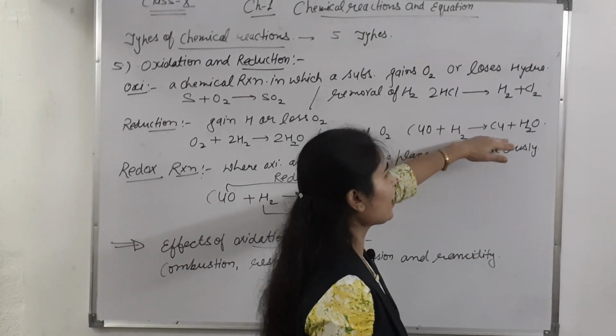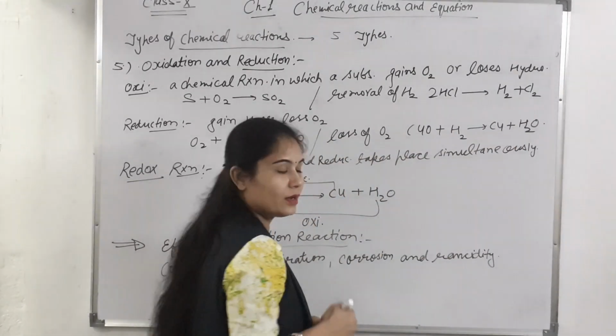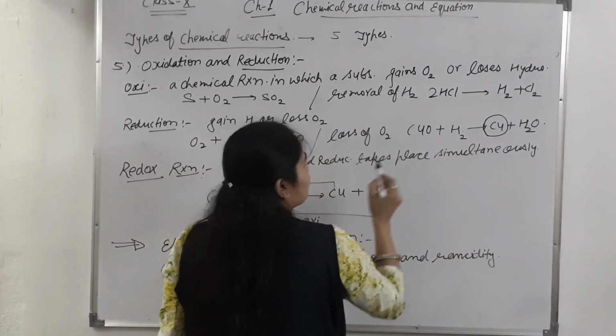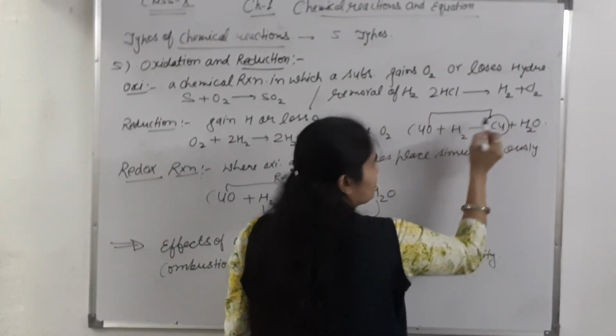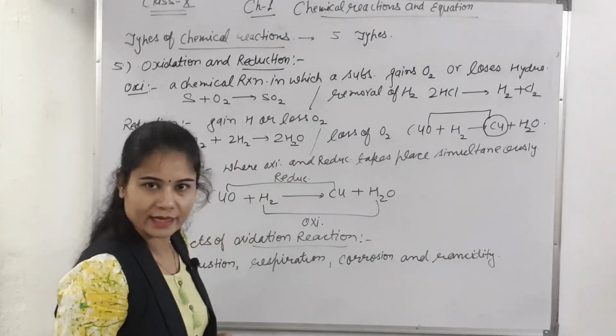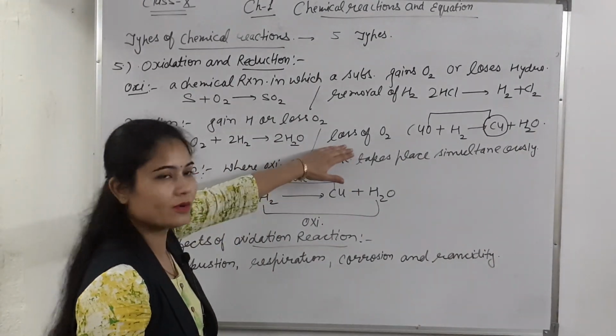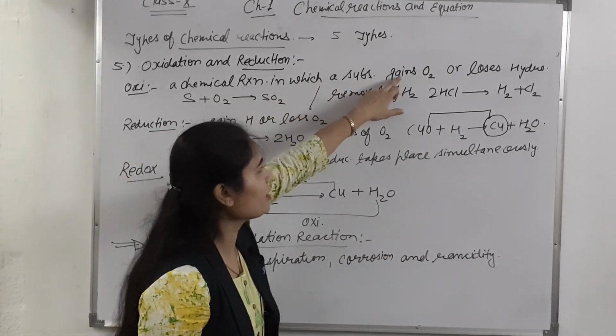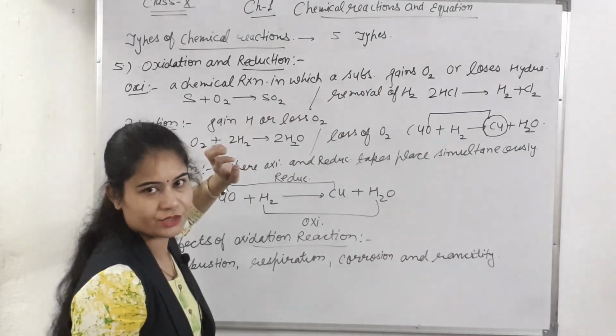It gives the product in the form of copper. This is the final product of the reaction, that is copper. This is loss of oxygen. Got it? What is exactly reduction? It is loss of oxygen, and the reverse of this reaction is gain of oxygen in oxidation.